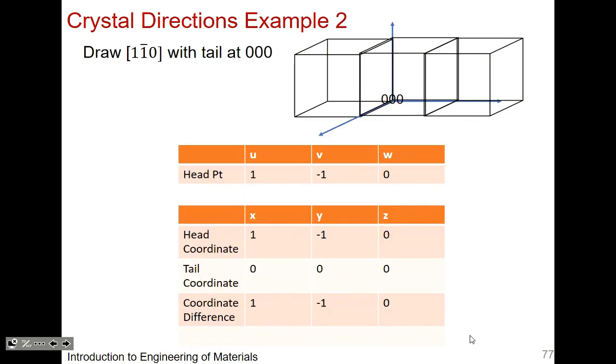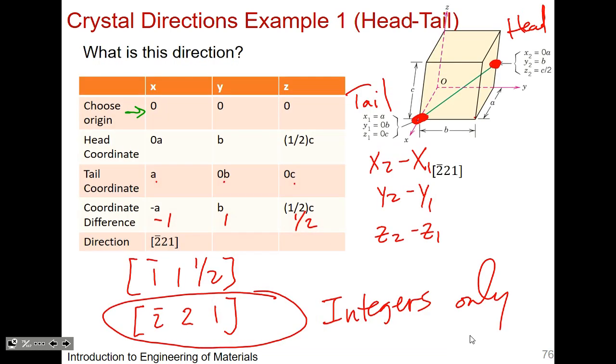Okay. Now, if you had to draw, let's say, 1 bar 1 0, this is a particular example. Right now I haven't said anything about the equivalency of the system.